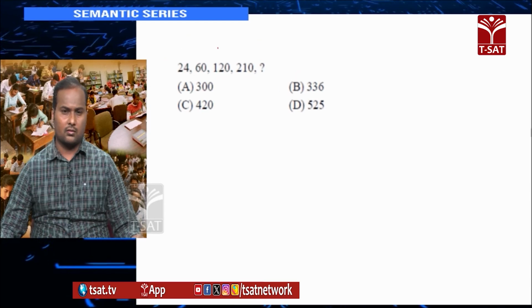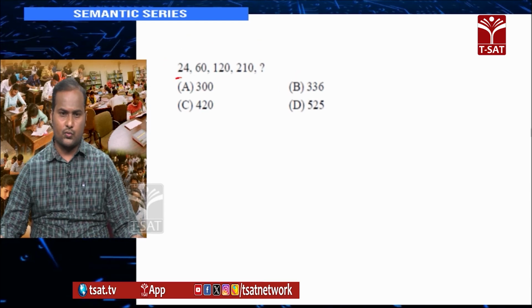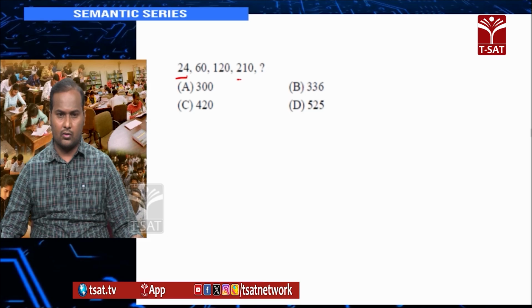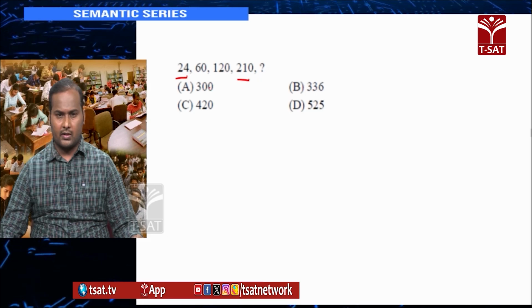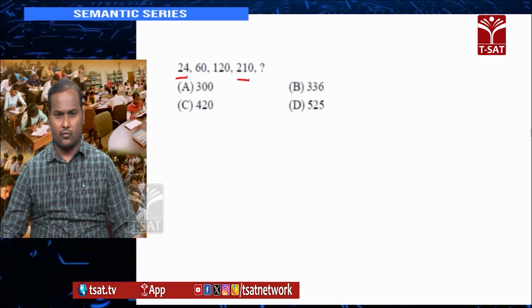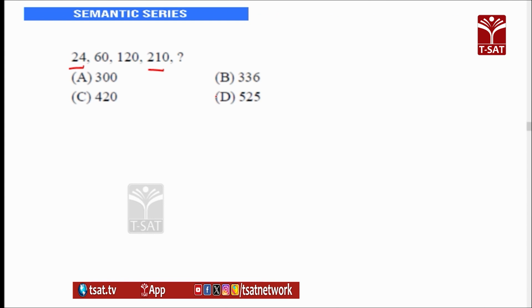If you see this question, the moment I see this question, it is 24 and ending with 210. Options are also like 300, 336, 420 and 525, which are very big numbers. So, when there are big numbers, obviously first check with the cubes. The moment I see this one, keep in mind the values near to the cubes as well.